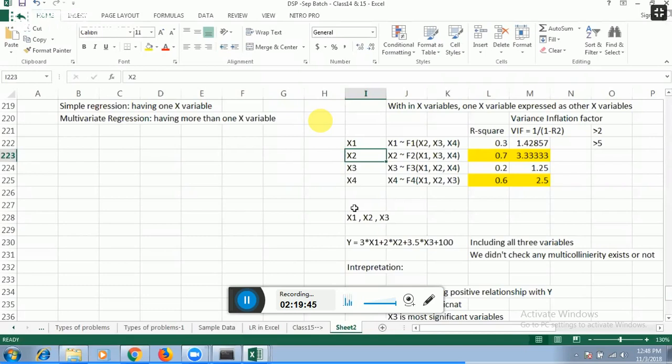Chandra, another question. Somebody asked that if we do a transformation on any of the x variables and get the equation, do we need to transform them back before deciding the prediction? No, for x variables you don't need to do that. Only for the y variable you need to, because you are predicting a value.